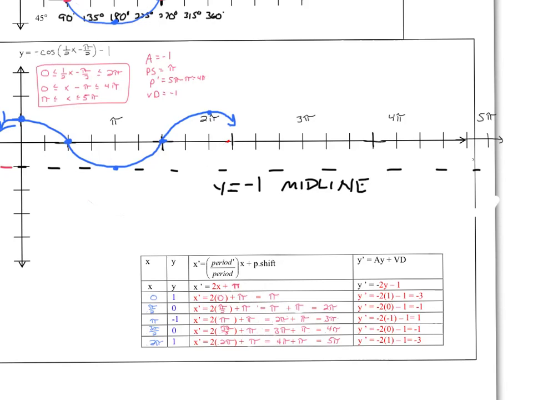I got pi, negative 3 point. 2 pi is negative 1 point. 3 pi is 1. 4 pi is negative 1. 5 pi is negative 3.